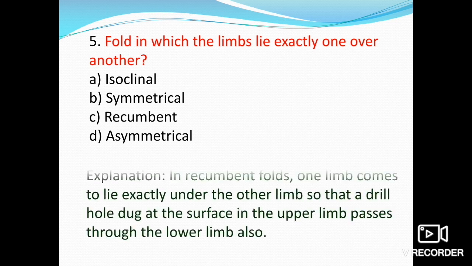So we all know that in recumbent folding, one limb comes to lie exactly under the other limb, so that if we drill a hole at the surface, in the upper limb, it will pass through the lower limb also, because they are horizontal. Okay, so here option C, recumbent fold, is right.